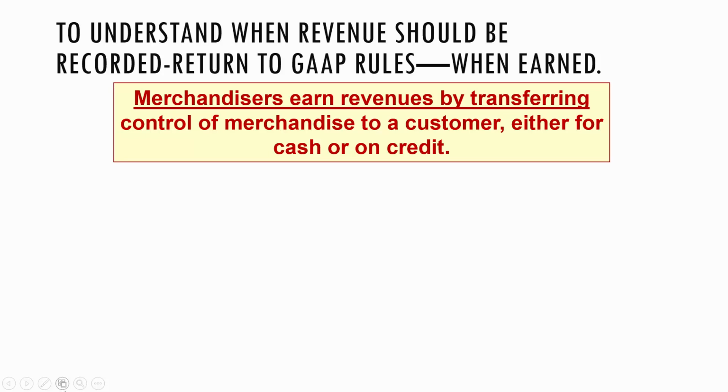So with services, it's fairly easy. We don't have that same thing with merchandisers, and so we tend to think of revenue as being earned with them when the customer walks out the door with the merchandise. So at Walmart, when you walk out the door with the merchandise, that's when we say that Walmart has earned the revenue.